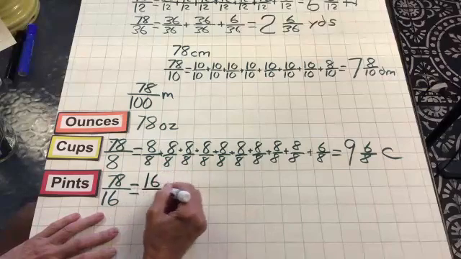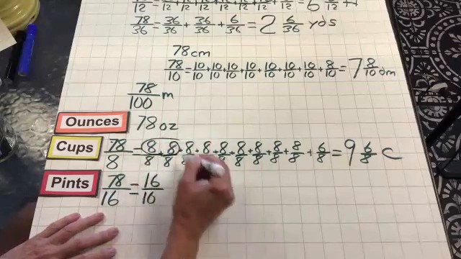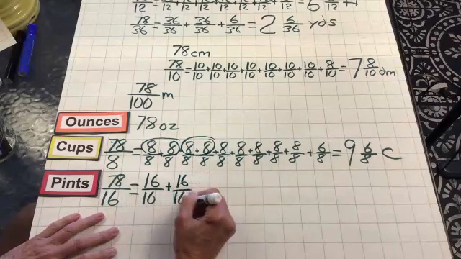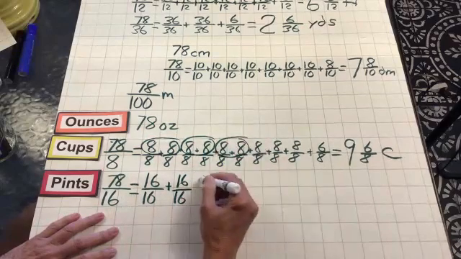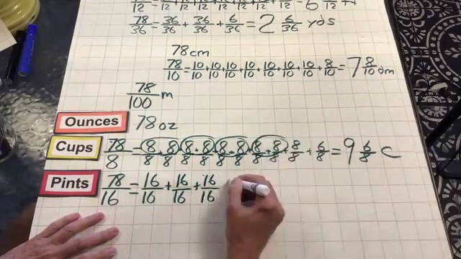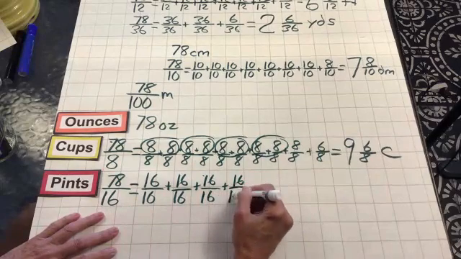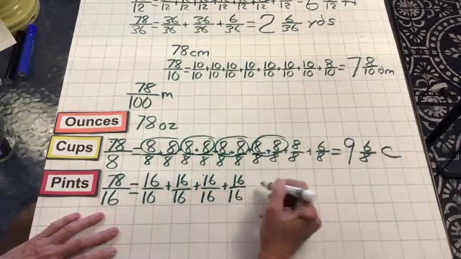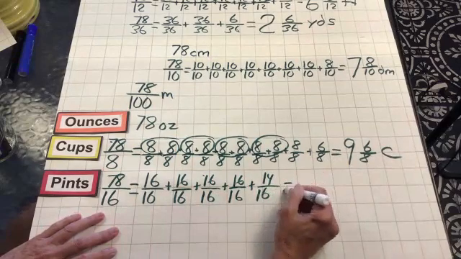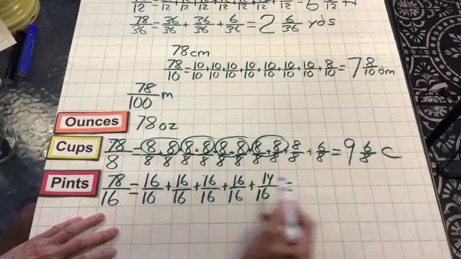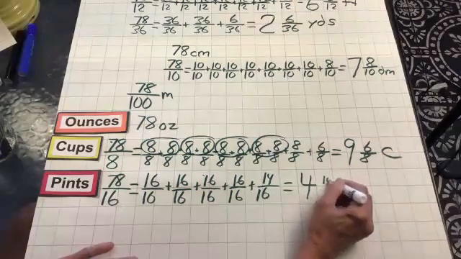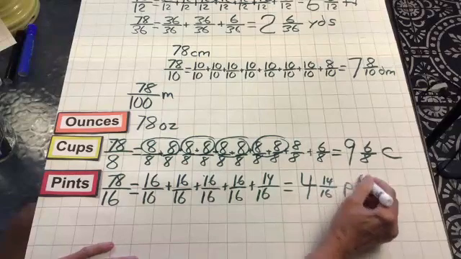We have 16/16 right here, 16 plus this 16 plus this 16 ounces plus this 16 ounces. And then this is 14, 8 and 6 is 14. So we have 14/16. So we have 1, 2, 3, 4 whole pints and 14/16 of a pint.